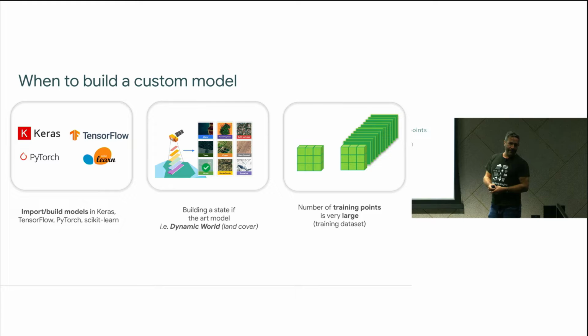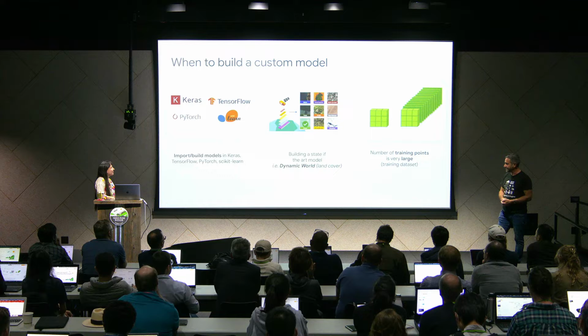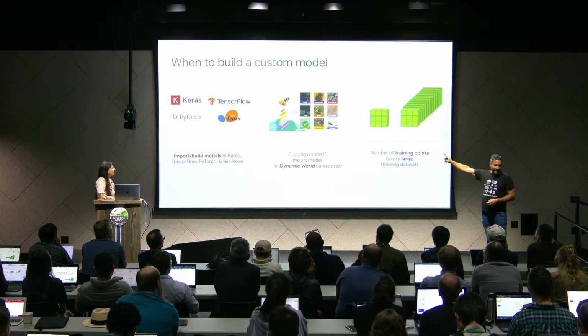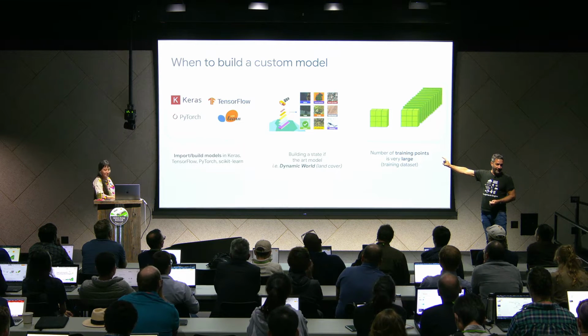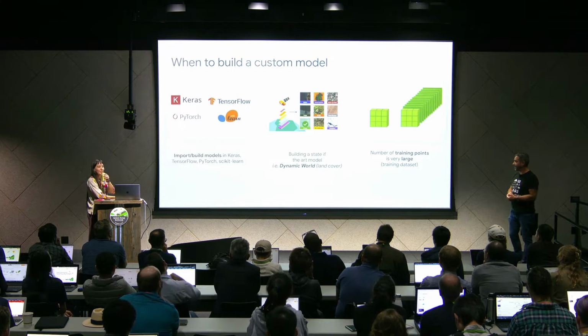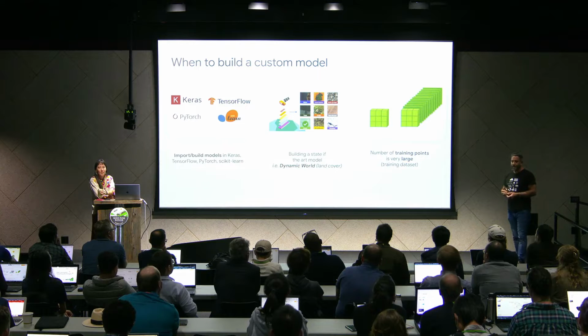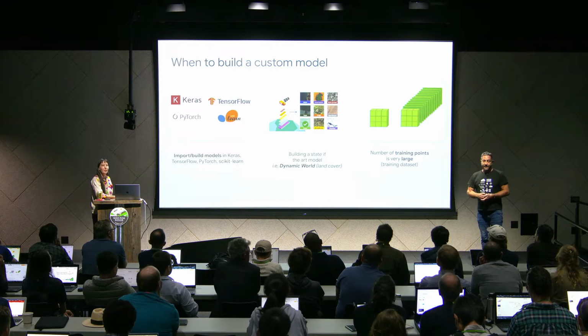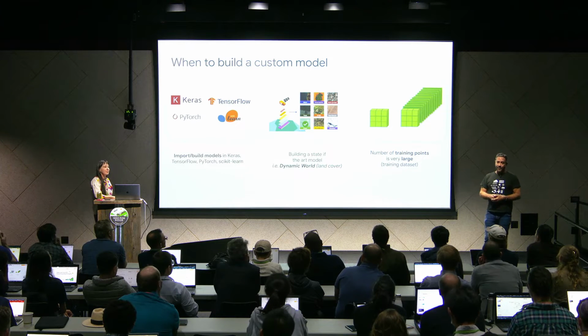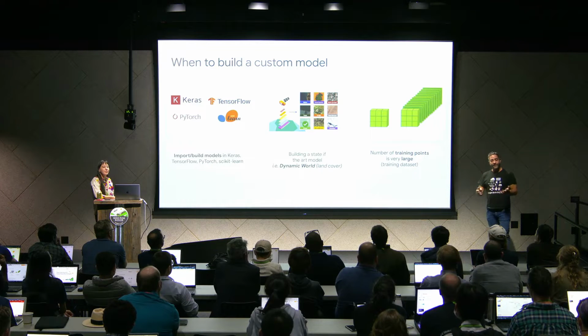So when do you want to build the custom model? In other words, when do you want to graduate from the built-in Earth Engine classifiers and use something fancy? If you are using any of the software on the left, so if you like coding in Keras or TensorFlow or some other popular machine learning packages that are supported by AI Platform or Vertex, we have connectors for those.